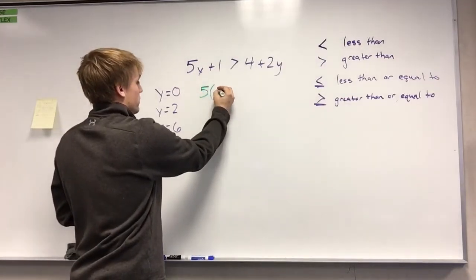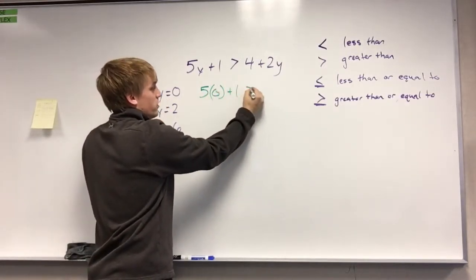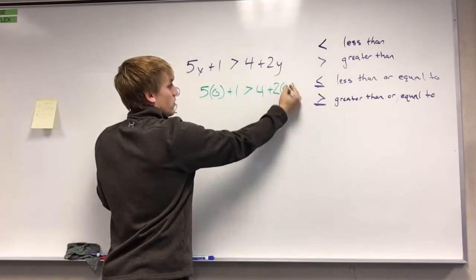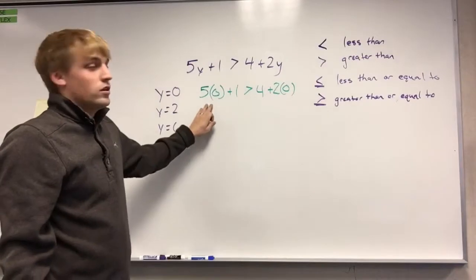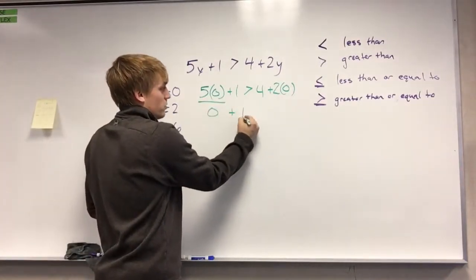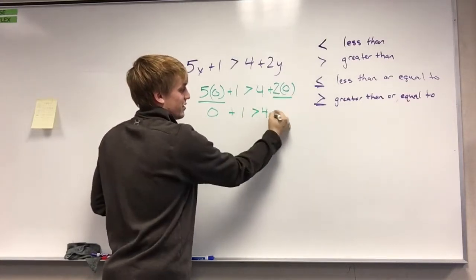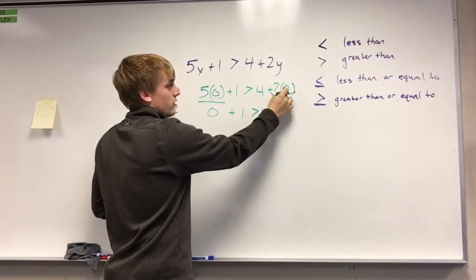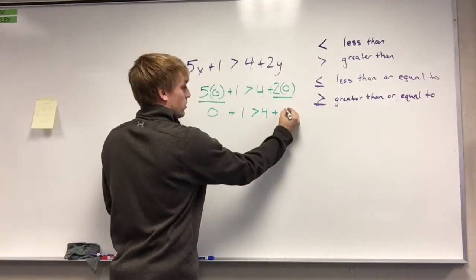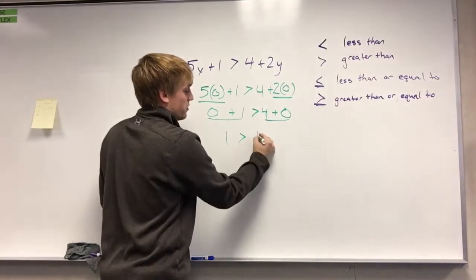I'm going to plug in 0 for y. 5 times 0 is 0 plus 1, greater than 4 plus 2 times 0 is 0. Okay? 0 plus 1 is 1, greater than 4 plus 0 is 4.